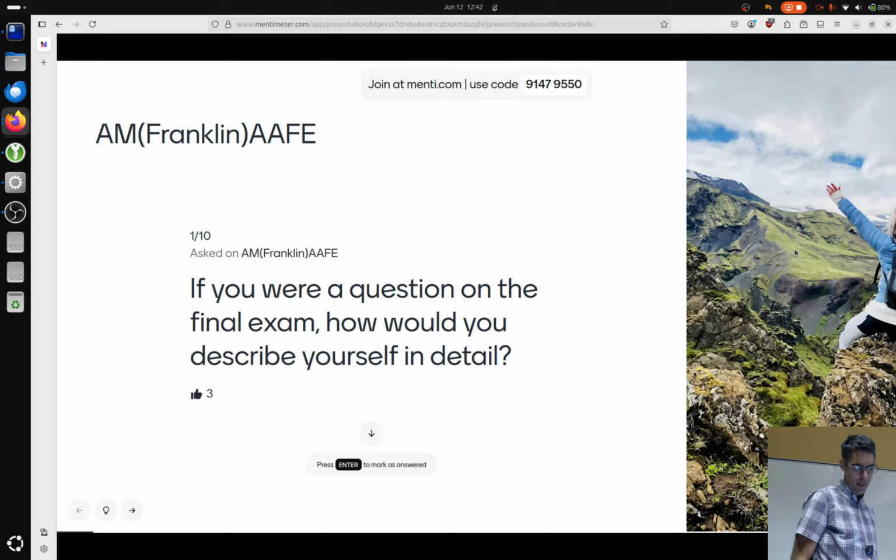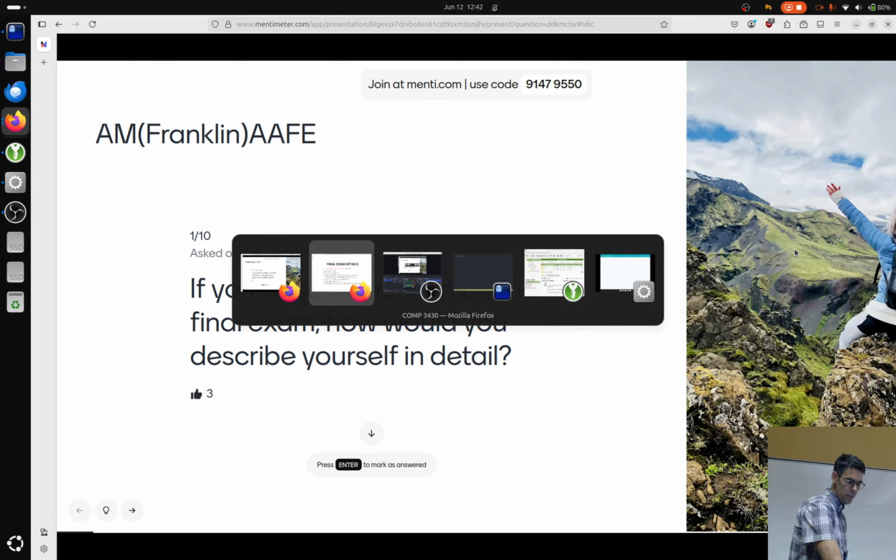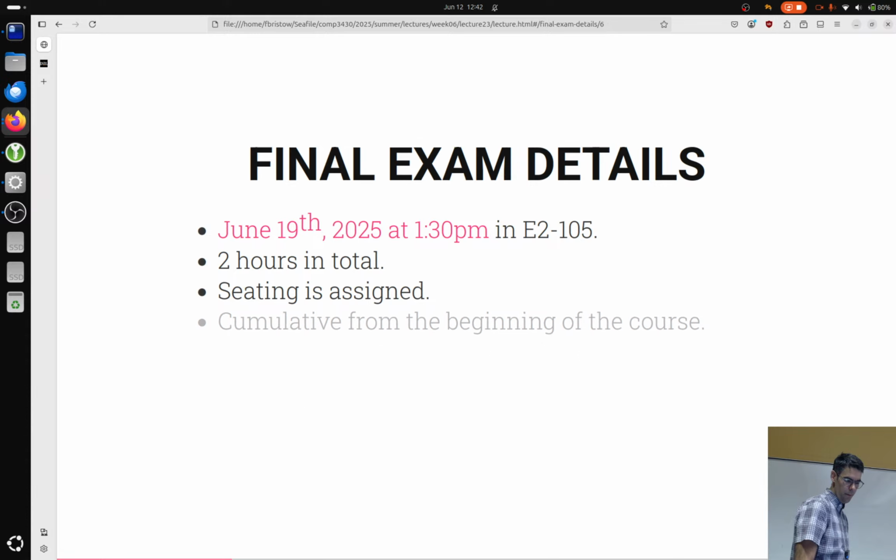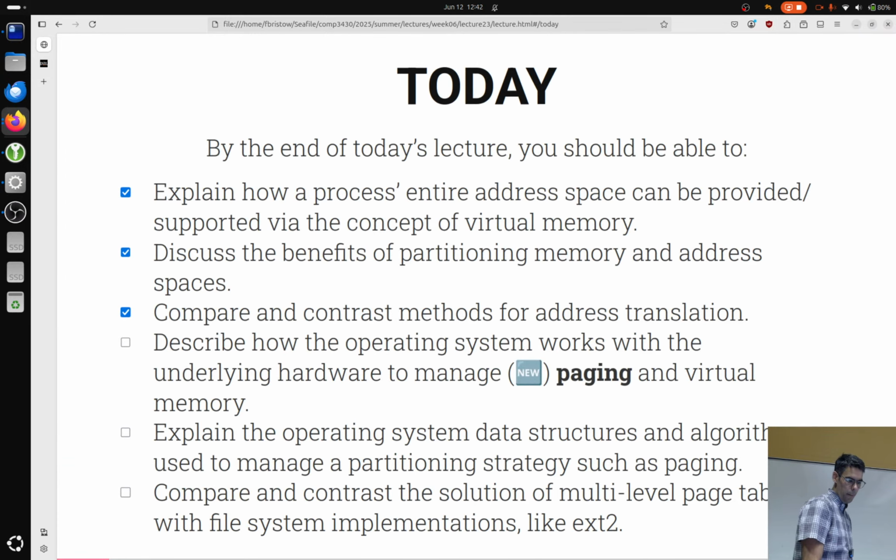Again, learning outcomes. I have to keep emphatically gesturing at learning outcomes. Those are really what I want from these questions. I want you to demonstrate learning outcomes. If I go back to what we've got for today, one of them is that I want you to be able to discuss the benefits of partitioning memory and address spaces and compare and contrast methods for address translation.